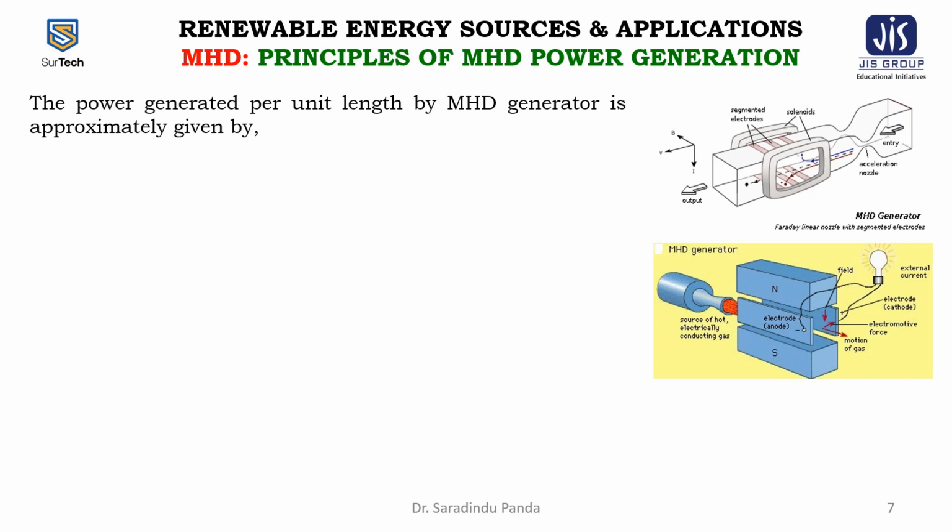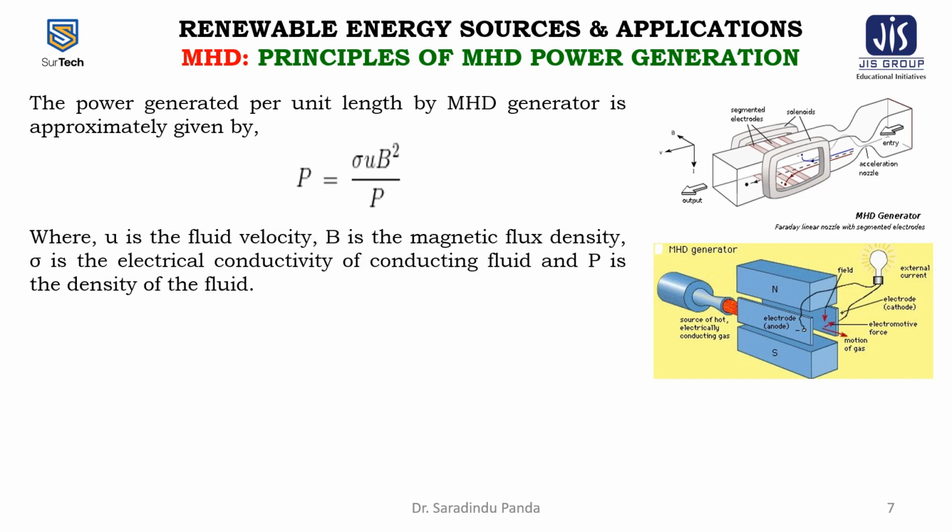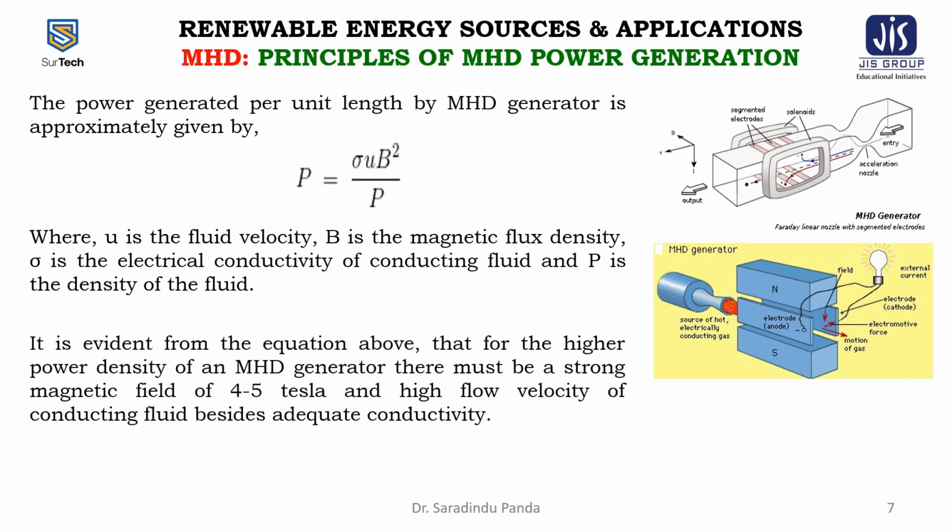The power generated per unit length by the MHD generator is approximately given by P = σUB²/ρ, where U is the fluid velocity, B is the magnetic flux density, σ is the electrical conductivity of the conducting fluid, and ρ is the density of the fluid.